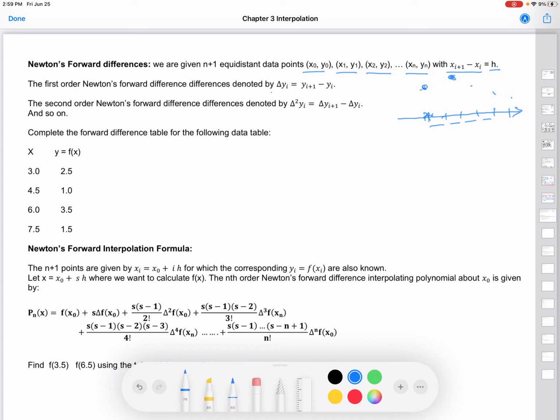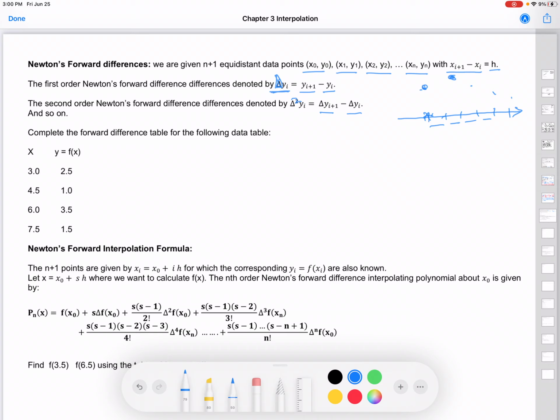Forwarded value minus the current value. So you can see the forward difference at any point xi is yi plus 1 minus yi, and the difference is denoted by a triangle. The second order difference, delta square, is the difference between the first order differences, and so on. If you want to calculate the third order difference, that will be the difference between the second order differences.